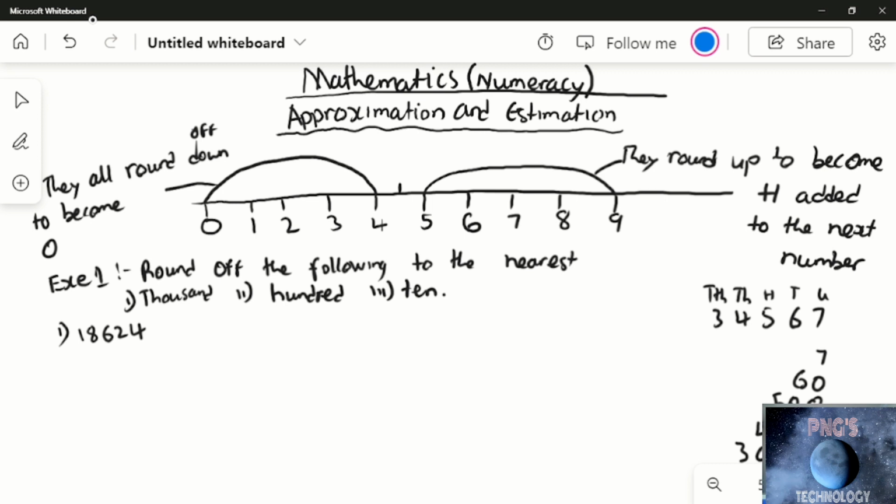For 1000, let's say it is AI, 18624. So this is units, tens, 100, 1000. So this is the 1000 place.